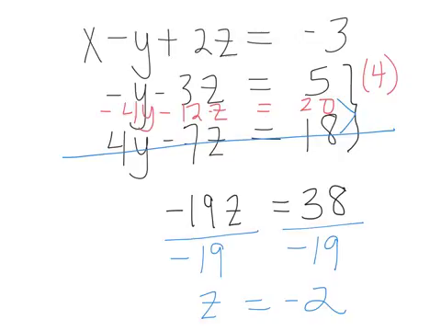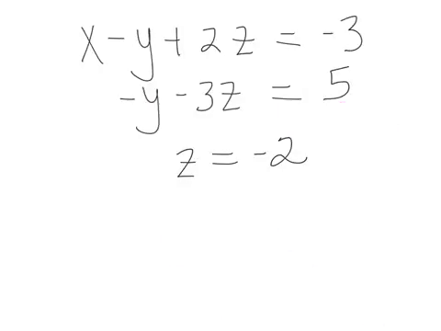So we've figured out one of them. Let's now rewrite what we've got. Recall that we've got this equation still in place, this equation still in place, and we know that now z is negative 2. If we know that z is negative 2, now we can plug that in to this equation to figure out what y is.